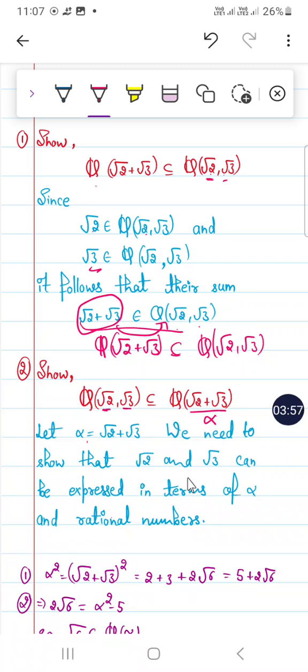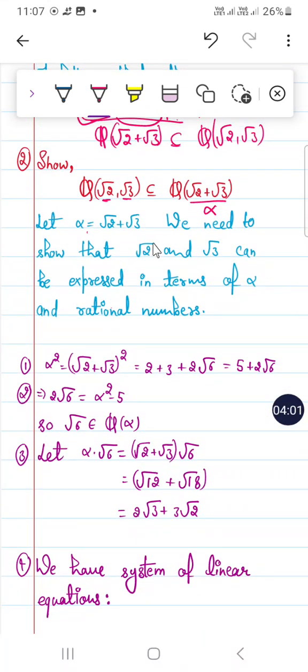We need to show root 2 and root 3 in terms of alpha only. If we prove that these can be expressed in terms of alpha, then it is proved. Now let us take alpha squared. Taking alpha squared, this gives 2 root 6 equals alpha squared minus 5. So this implies that root 6 is in Q(alpha).